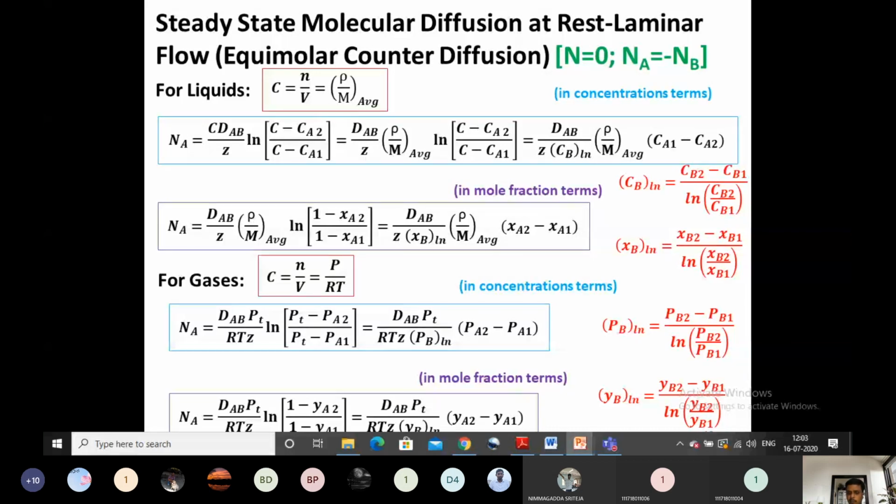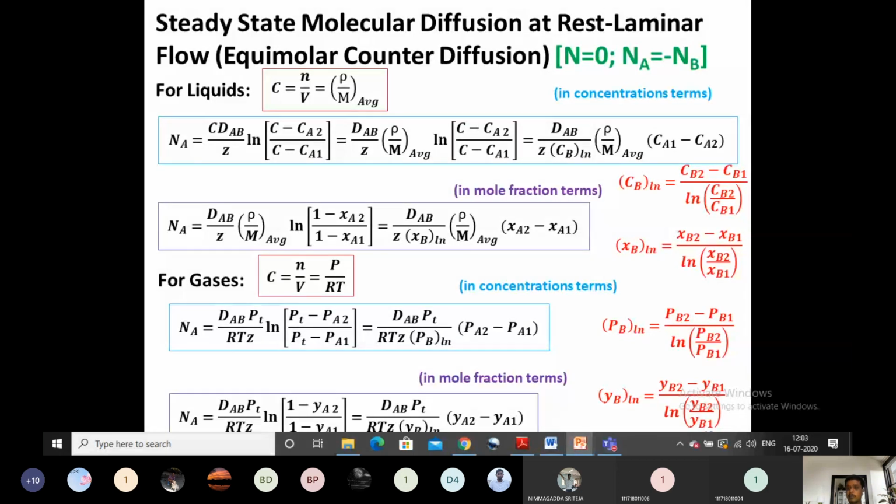Then what happens? Based on their solubilities, SO2 and SO3 will dissolve equally in water. SO2 will compete with SO3 and SO3 will compete with SO2 in order to dissolve in the water. If you consider SO2 as component A and SO3 as component B, both will have the same flux, the same rate, going into the water.